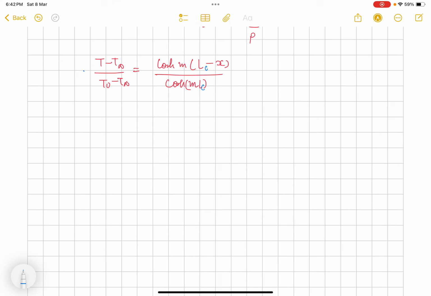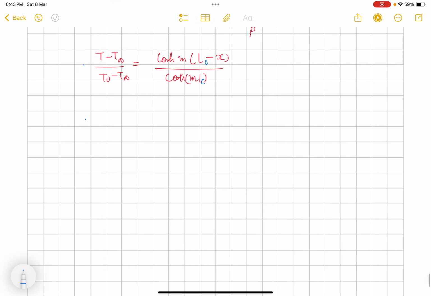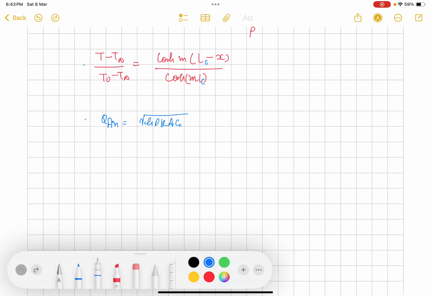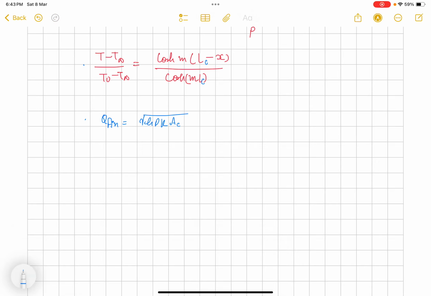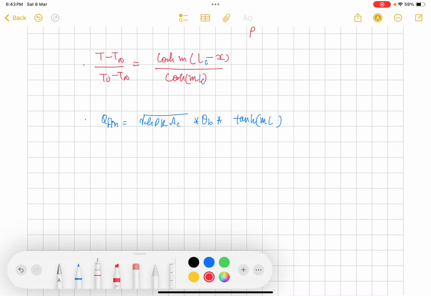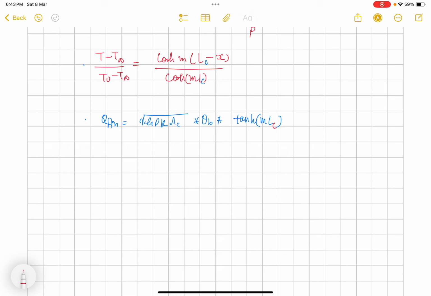Okay, and for the fin heat transfer expression we should use under root hP kAc times theta b times tan hyperbolic mL, in which we should use the corrected length.